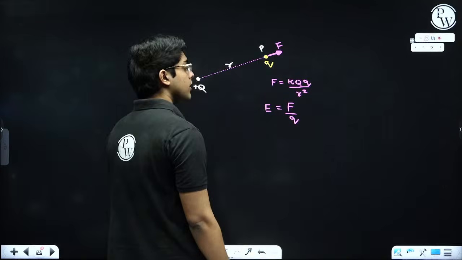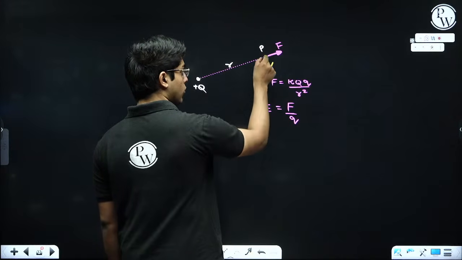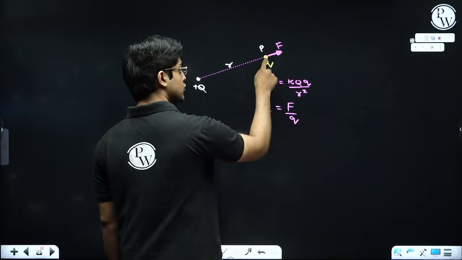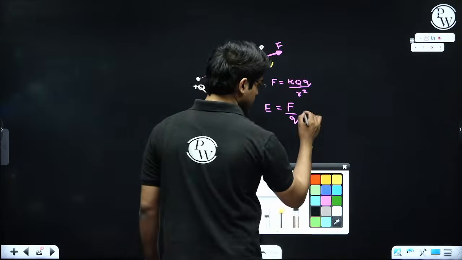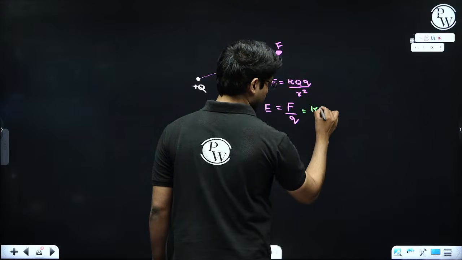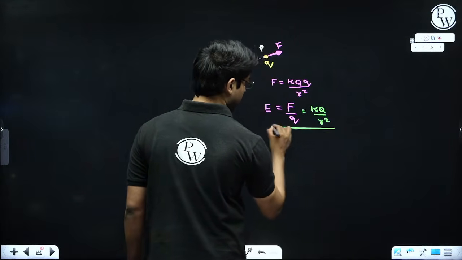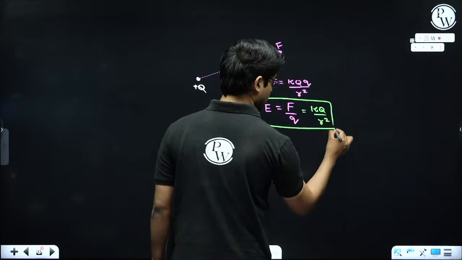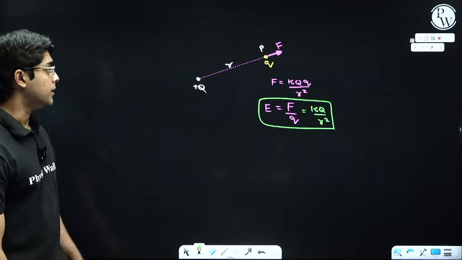So you can define the electric field at any location as the force divided by the charge placed at that location. This just turns out to be kq divided by r square. This is the magnitude of the electric field at the point P.